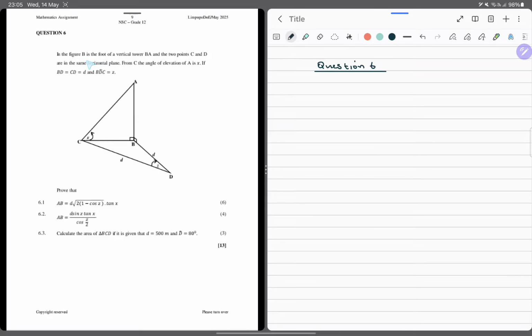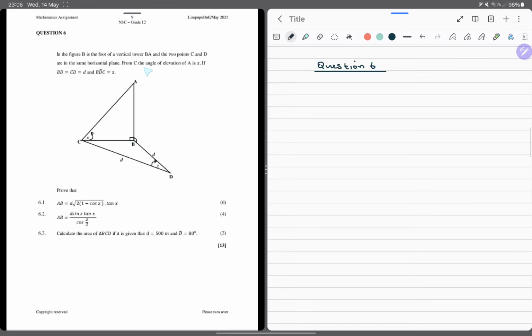Anyway, in the figure, B is the foot of a vertical tower, BA, and the 2 points C and D are in the same horizontal plane. Normally this gets shaded, but it's not a big deal. So these are indicated as 90 degrees to the horizontals.